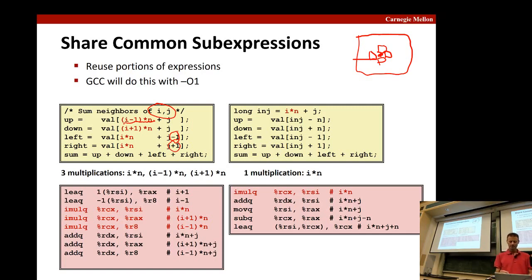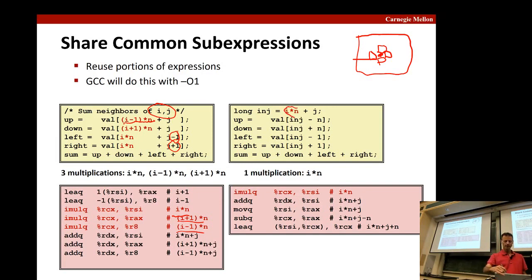So if you do that, you end up with these 3 different terms you're trying to compute: i times n, i plus 1 times n, and i minus 1 times n, which would be 3 multiplications. But because they're very closely related, you can do it with just 1 multiplication.